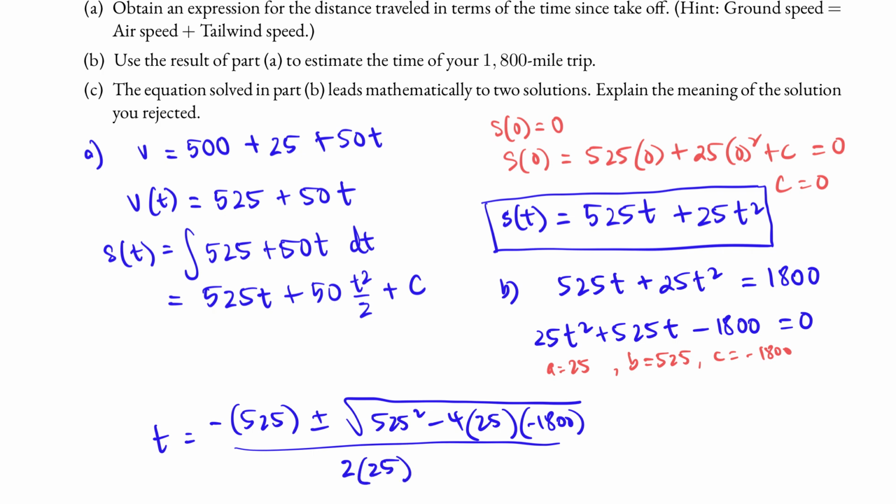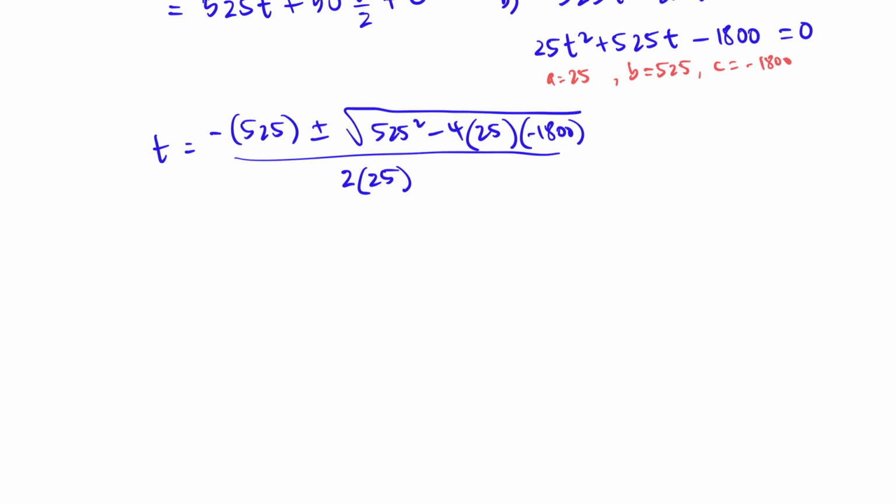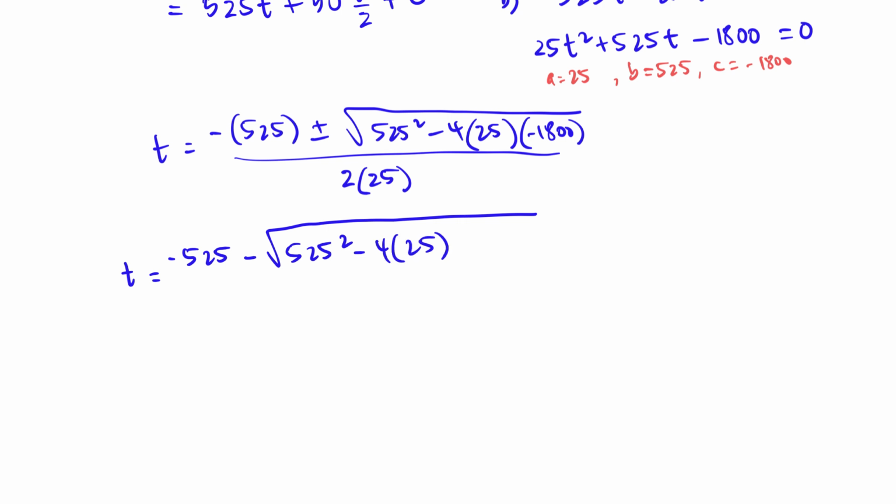There will be two answers. The first one is t equals negative 525 minus the square root of 525 squared minus 4 times 25 times negative 1800, over 2 times 25, which is 50 in the denominator.